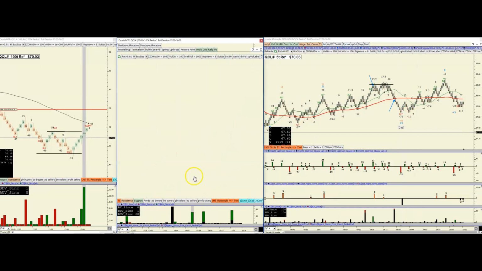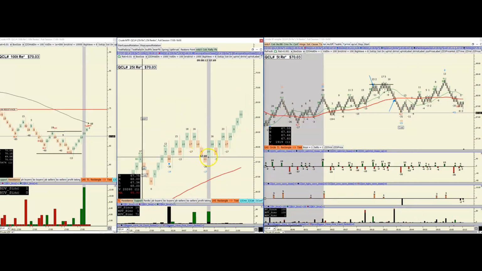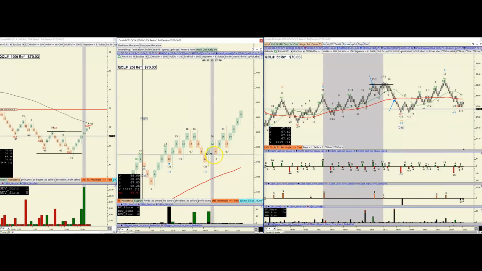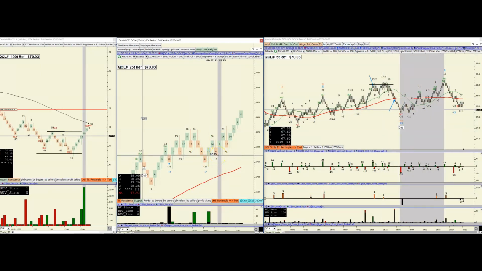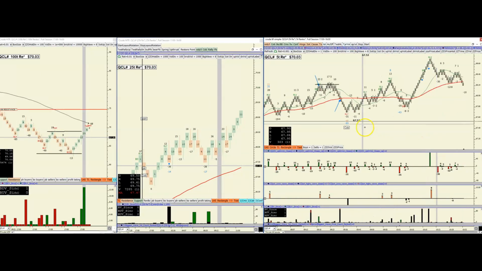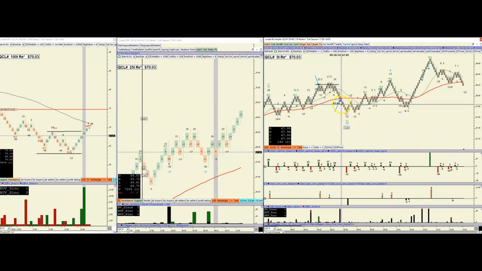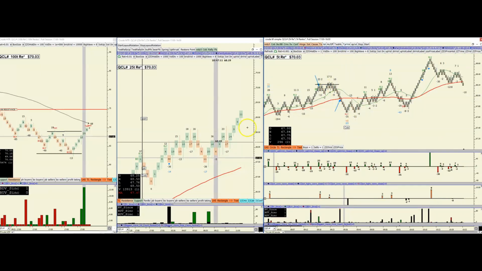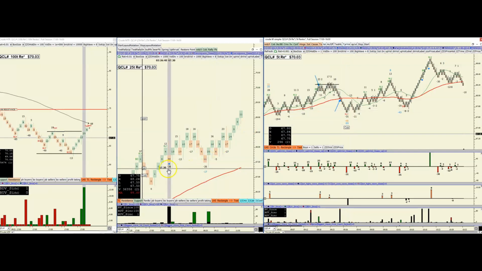If you take a look at the left-hand side, we see that the whole thing is nothing more than one brick down. In this case, it just went down one brick. It was testing, I think, a potential spring.